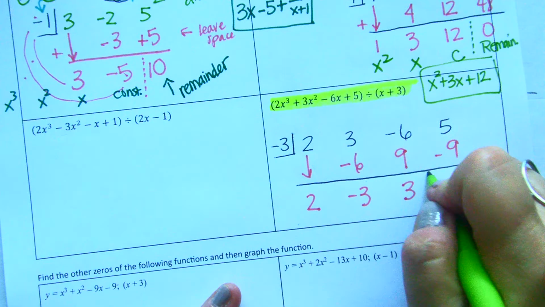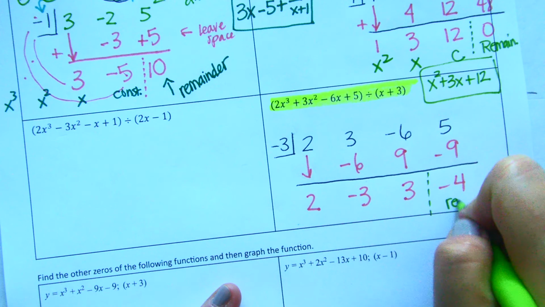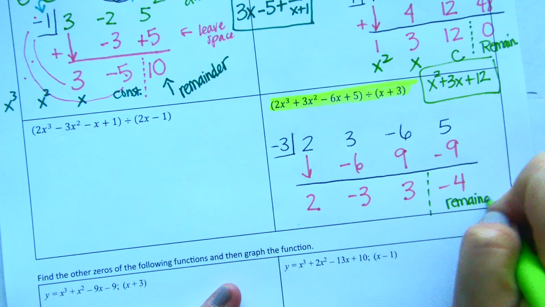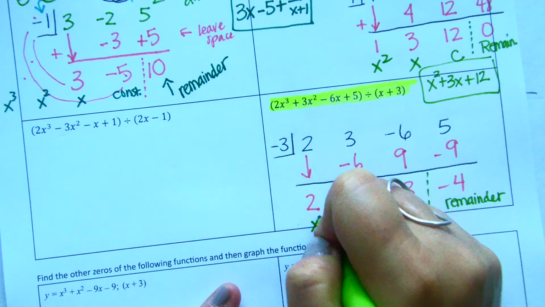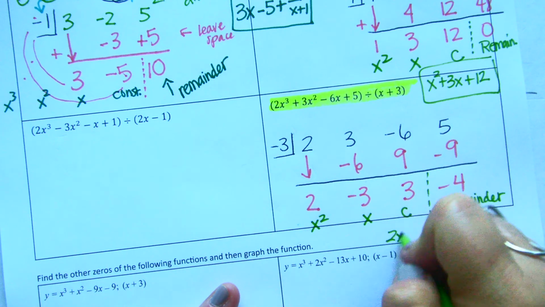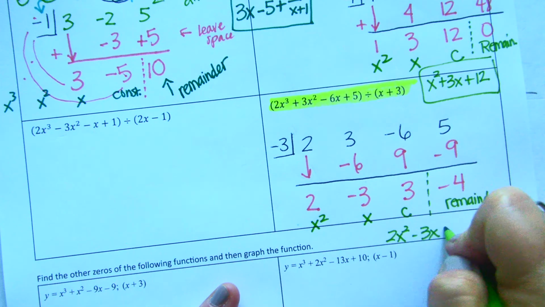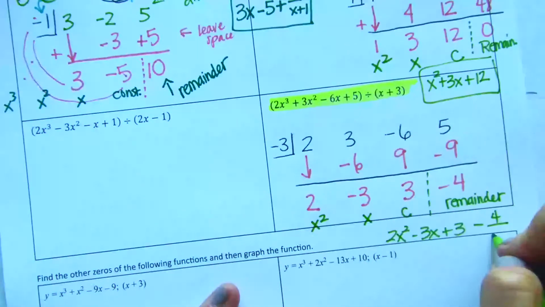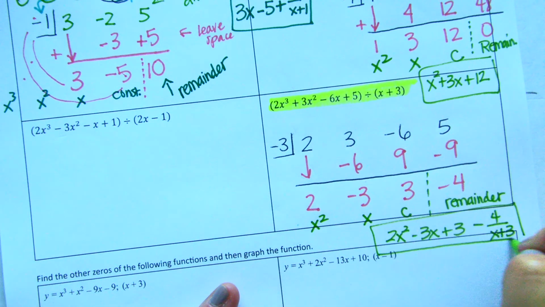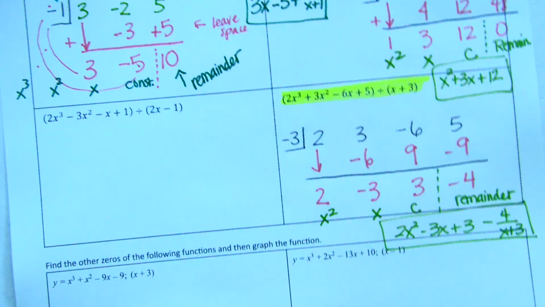Okay. So this is my remainder. This is my constant term, my x, and my x squared. So my answer is 2x squared minus 3x plus 3, and then minus a 4 over x plus 3. If that was a positive 4, it would be a plus 4. Hopefully you guys got that right.